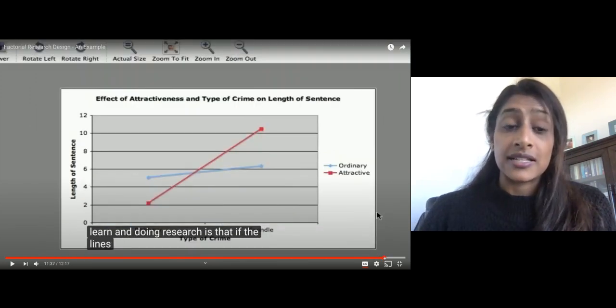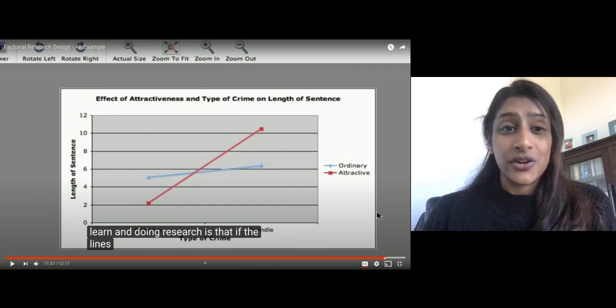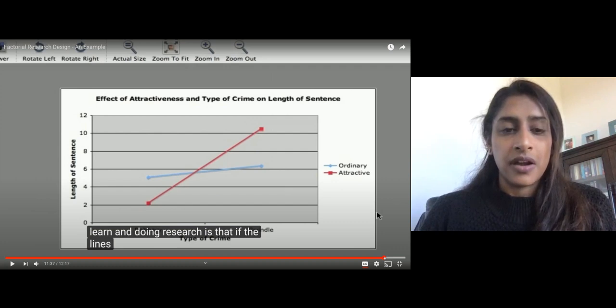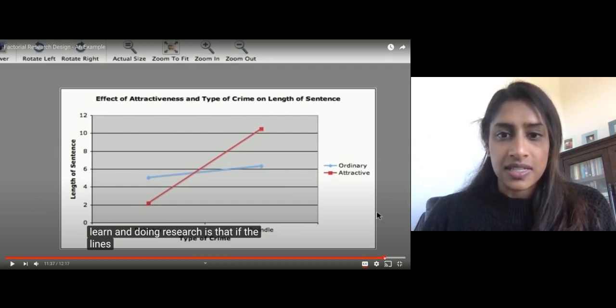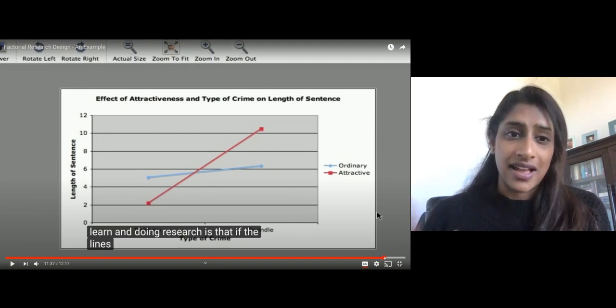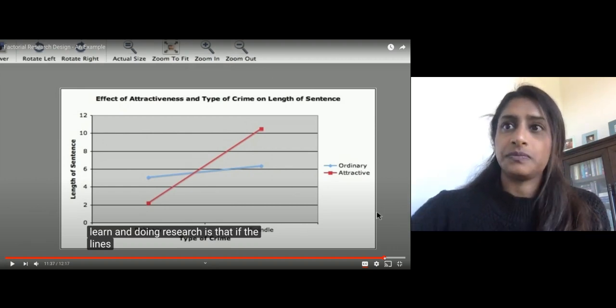If those lines intersect at any point, then you have an interaction between your independent variables. Now, this is unique. We would not have been able to see this interaction if we had done each of our independent variables separately as a study. So this is where we're getting that extra piece of information.